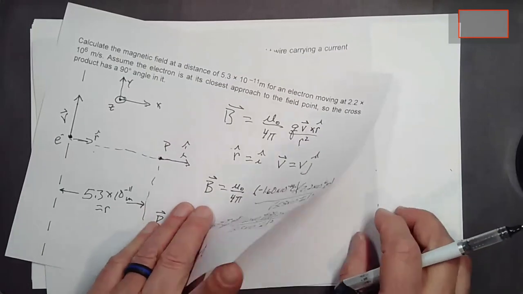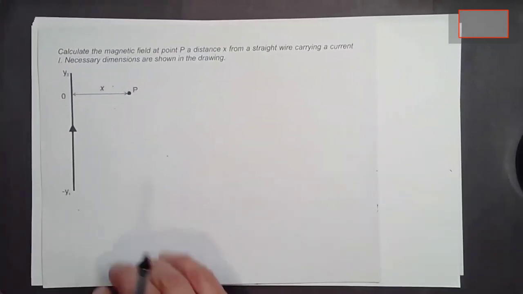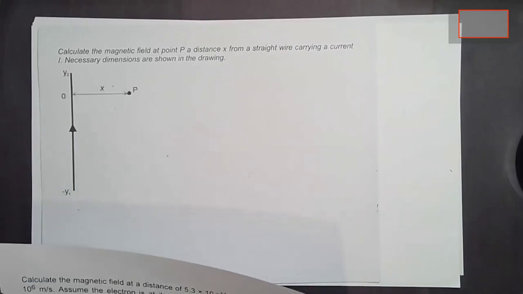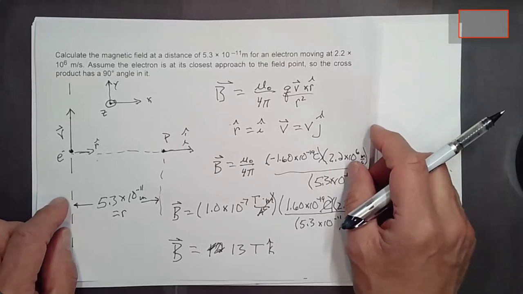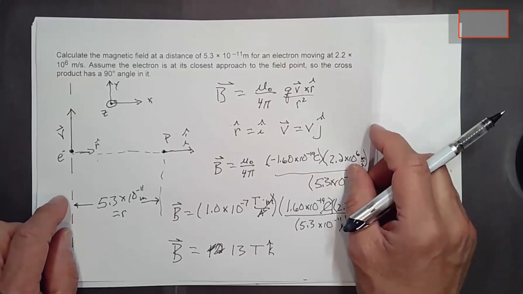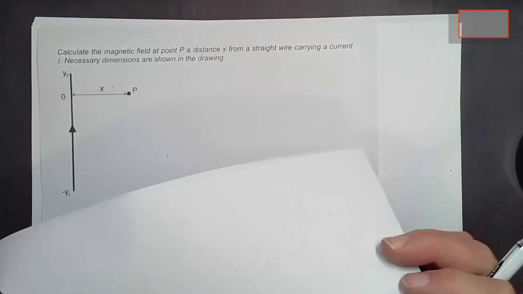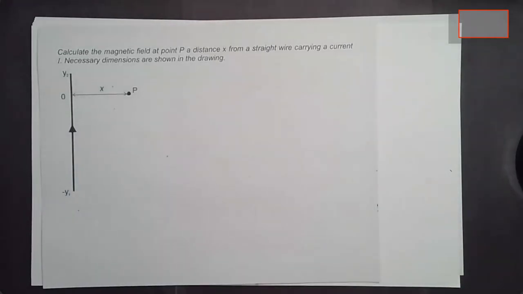There are magnetic effects that show up in these things. Okay, so that's a sample problem for a single point charge moving along at a pretty good clip. So we can move on from that and try a current.